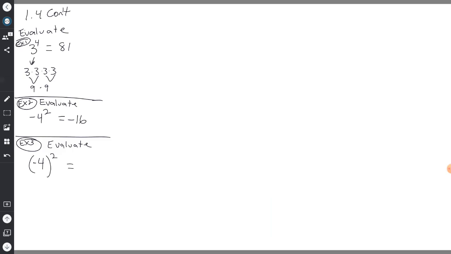So here we have negative 4 inside of parentheses to the 2nd power. What is our result? Positive, right.